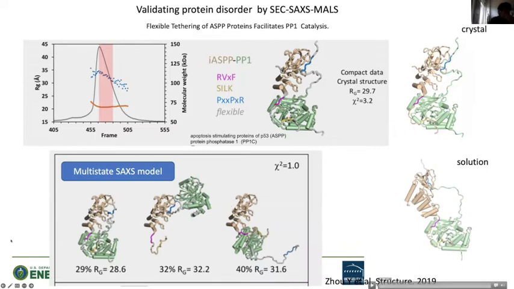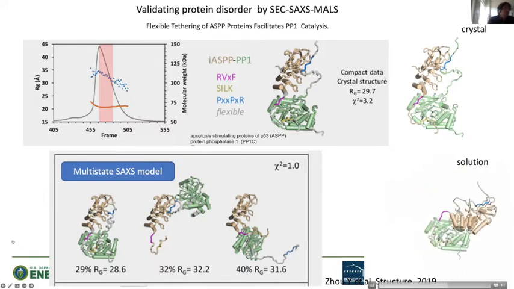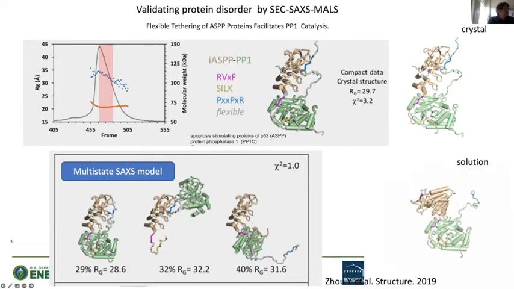In reality, from the size exclusion, the complex in solution has much bigger motions because of the transient interaction of these extended linkers between those two parts. The ratio between compact and open structures definitely changes if we fit the data at the peak or fit the SAXS profile at the shoulder of the elution peak.